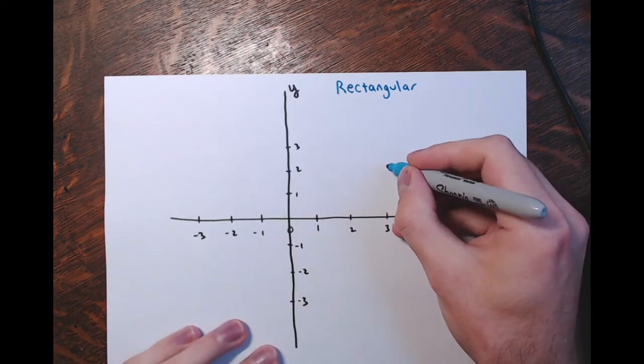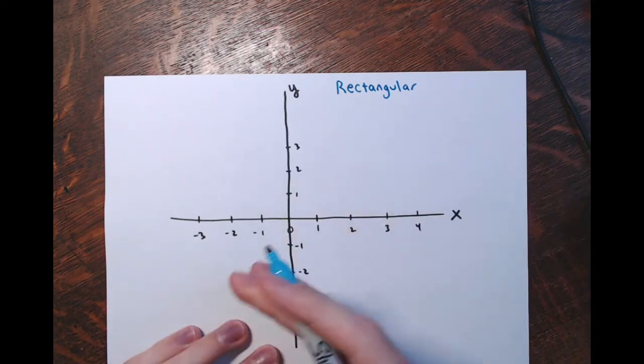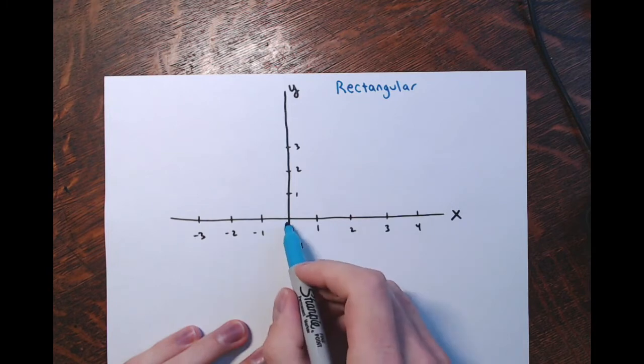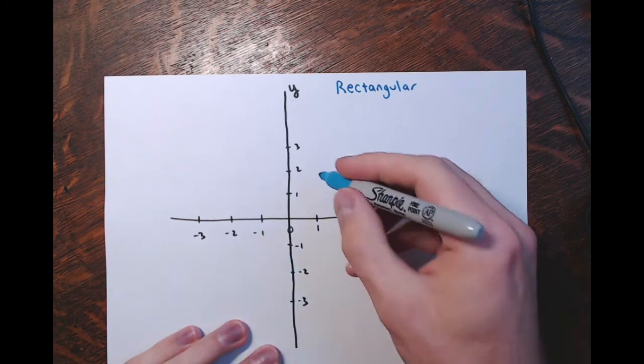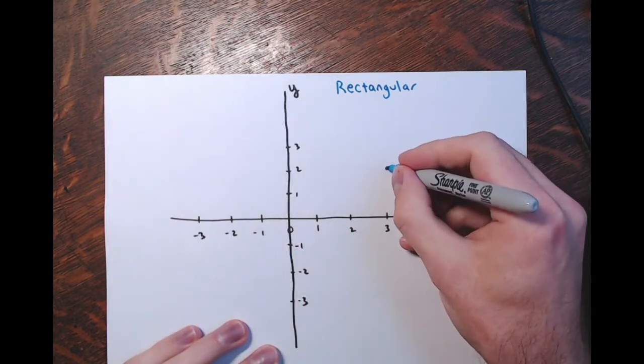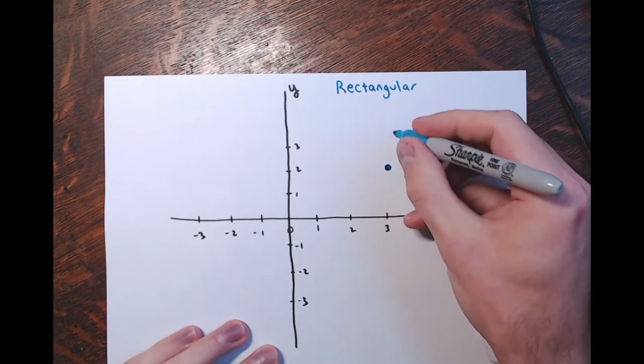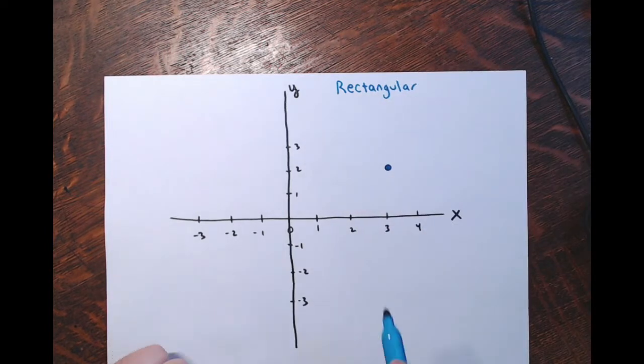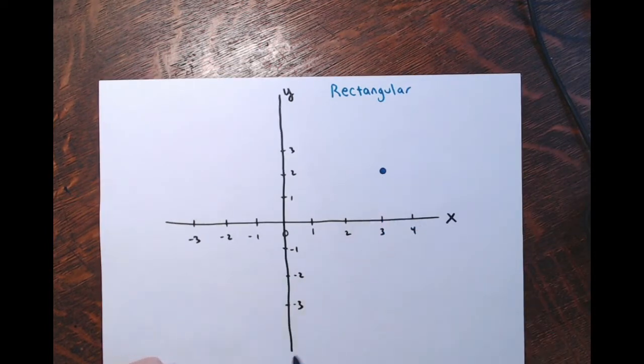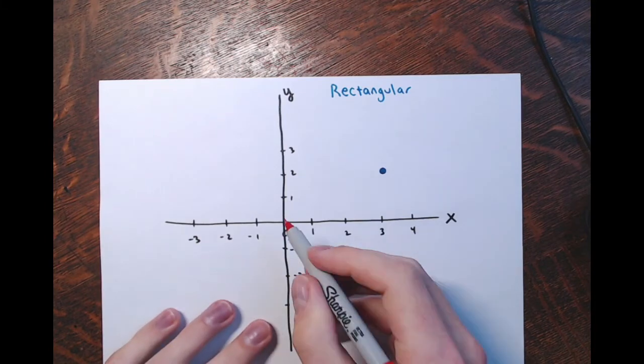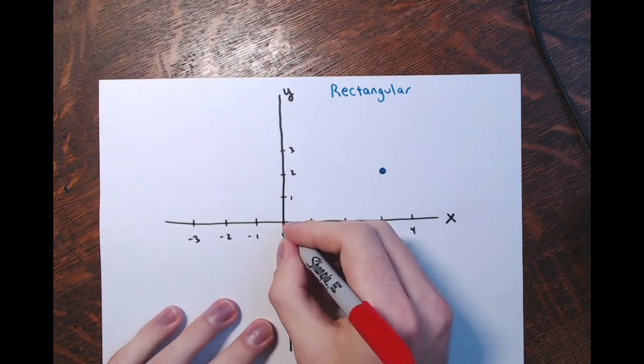Coordinates just tell you how to get to a location from the origin. If I said, what are the rectangular coordinates of this point here? What you're doing is traveling on a rectangle, starting from the origin.